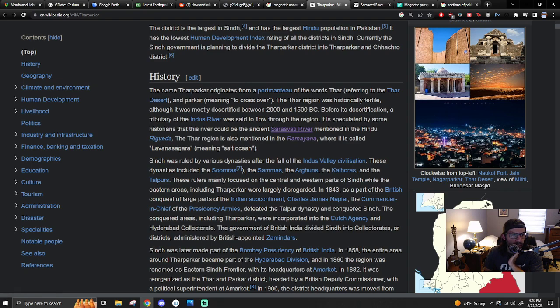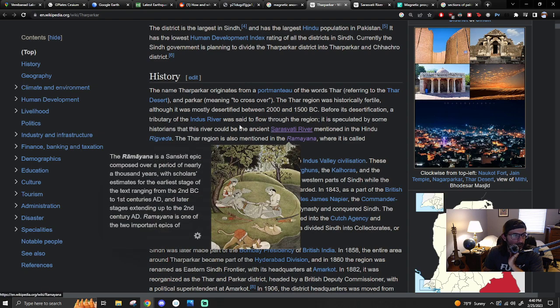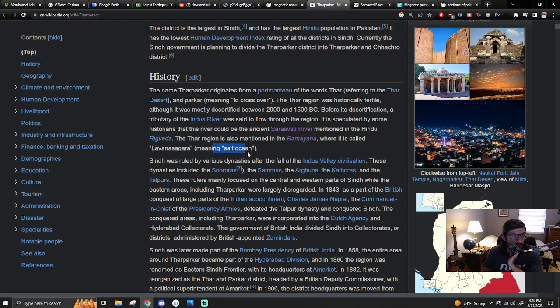The Thar region is also mentioned in the Ramayana, where it is called Lavanasagara, meaning salt ocean.